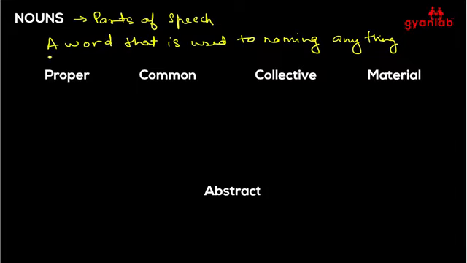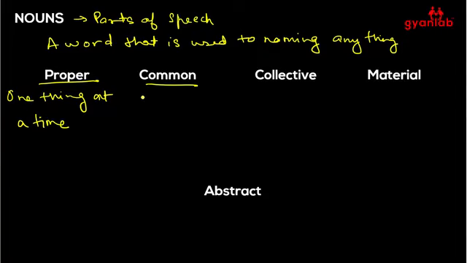So there are five types of nouns that you can classify. The first is proper noun, which is nothing but when you name one thing at a time. Then you have common noun, which is any number of things.